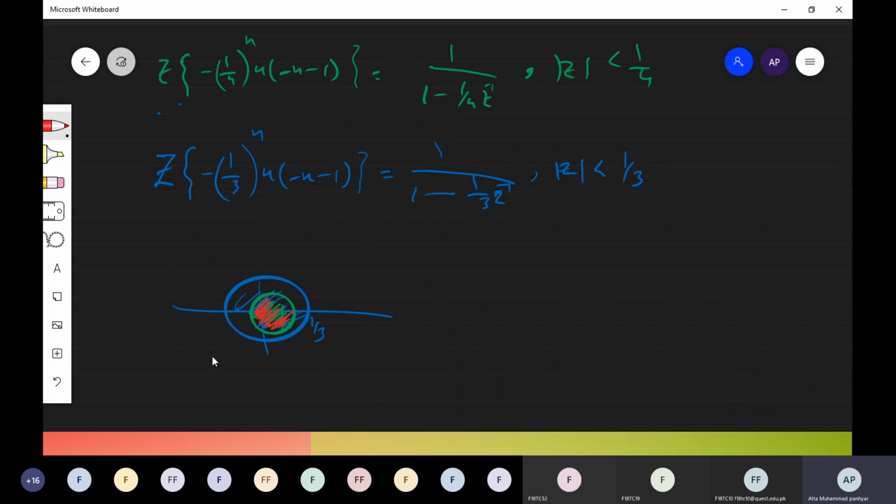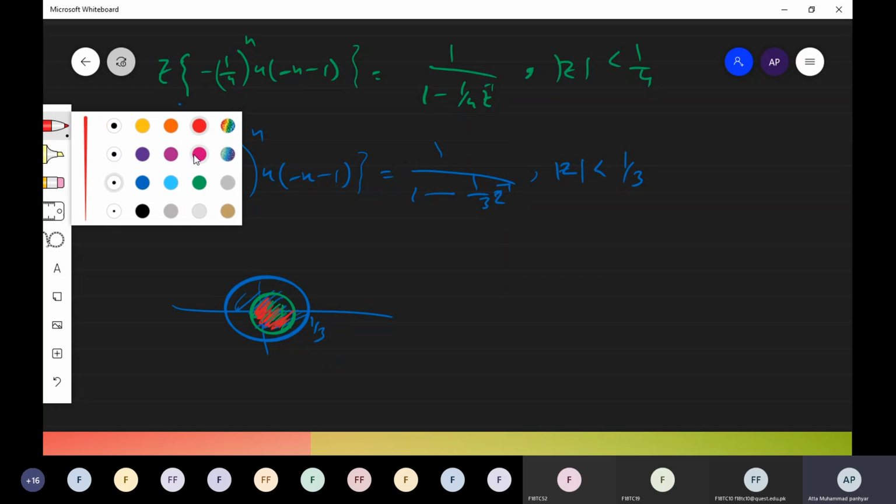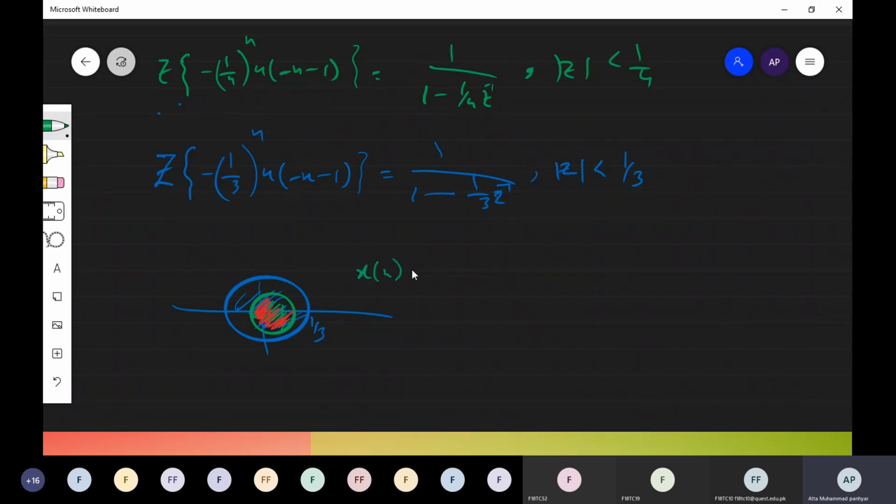So we can now write directly the final expression, and you can infer that our x of n must be minus 2 times 1 over 3 whole power n u of minus n minus 1 minus 1 over 4 whole power n u of minus n minus 1, right?